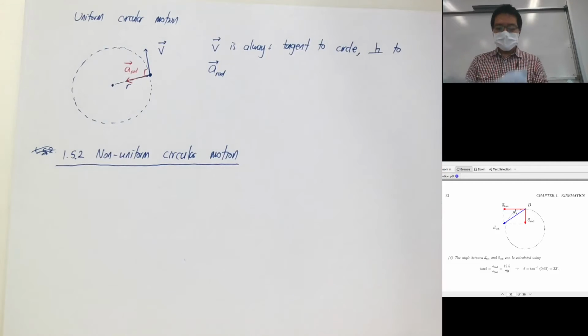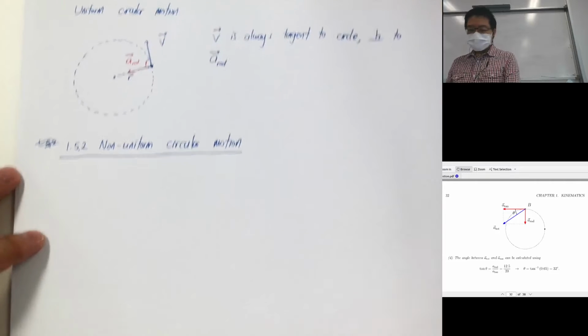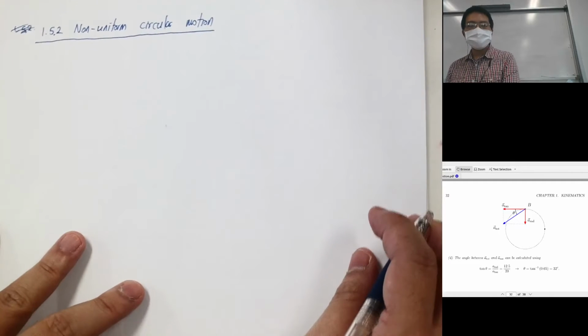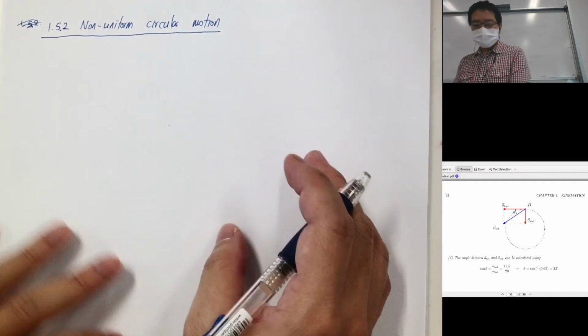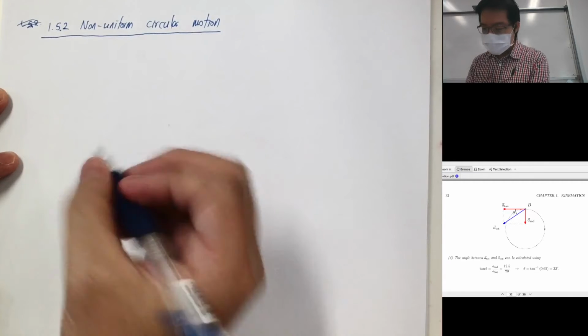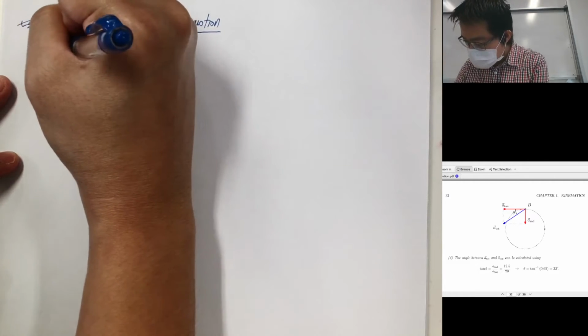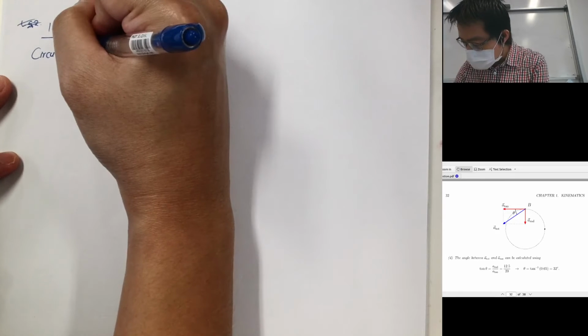Non-uniform circular motion. Let me draw a circle again. It is another circular motion, but this time the speed is not constant. So let me explain what I'm doing.